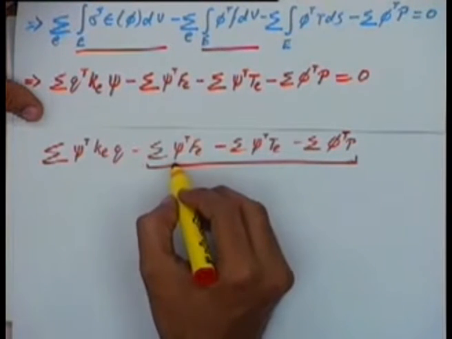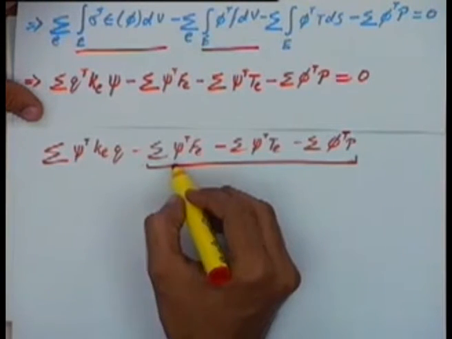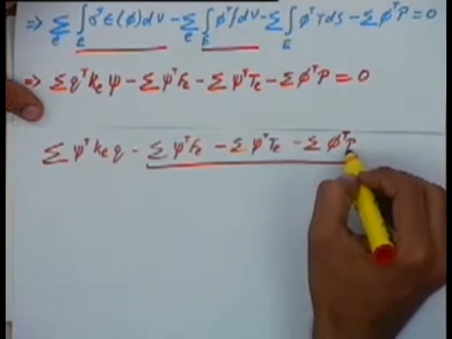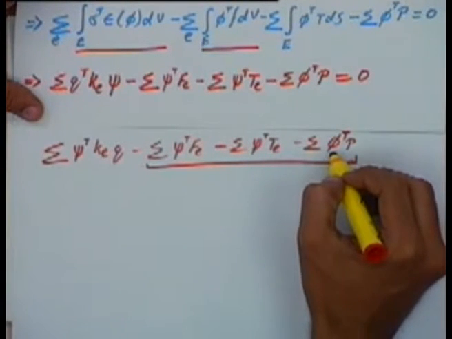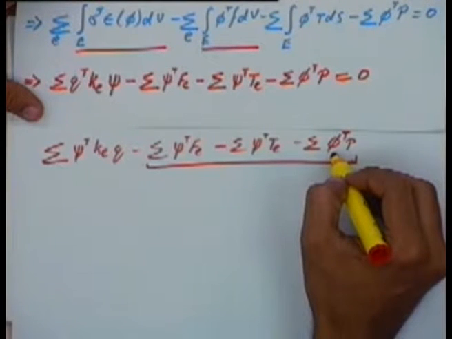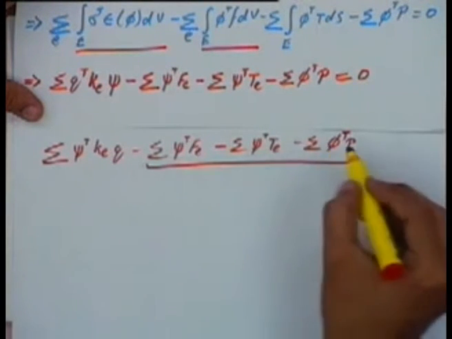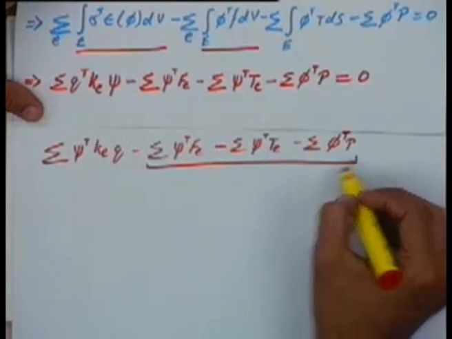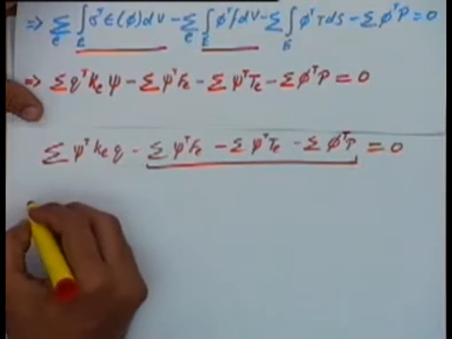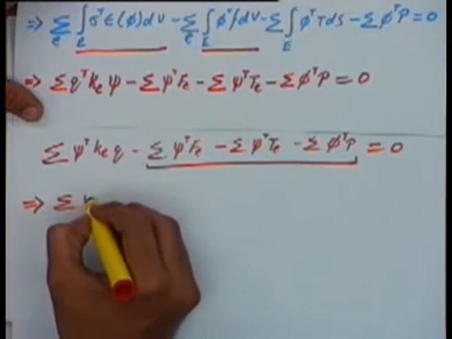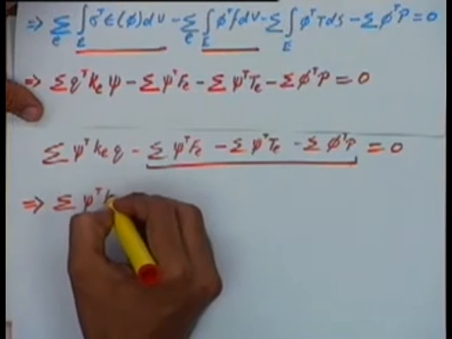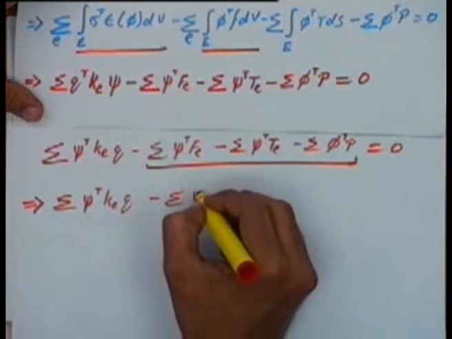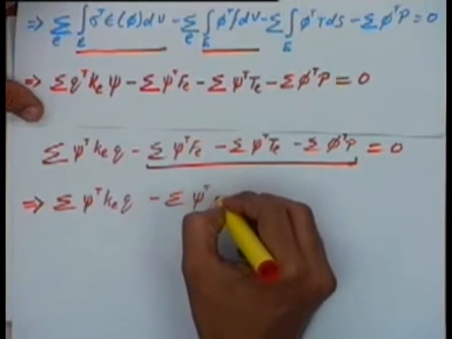This is a force matrix multiplied by the virtual displacement. This is also a force matrix multiplied by the virtual displacement, and here I have point forces multiplied by the virtual displacement at that point. So just as we did earlier, I can combine these three terms into one single force matrix. So this is equal to 0. I can rewrite this as summation of psi transpose Ke times Q minus summation of psi transpose F.